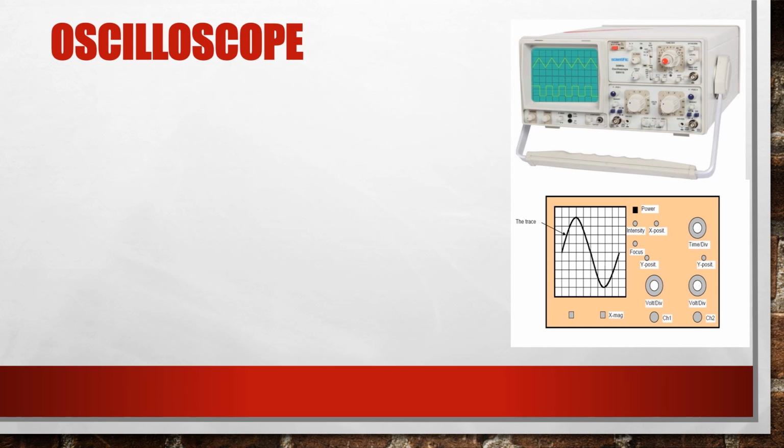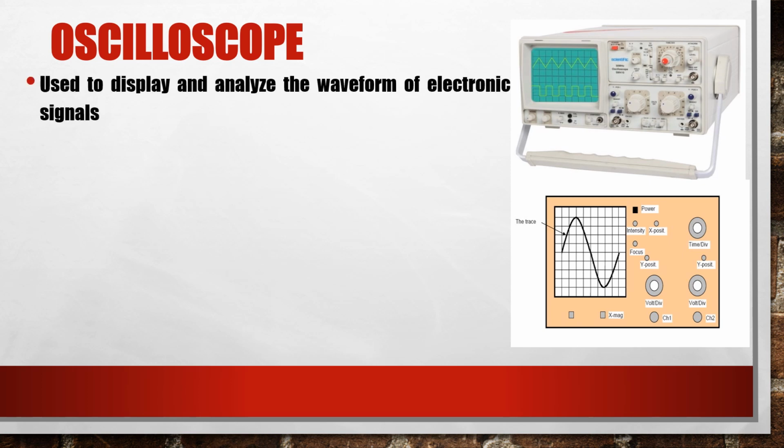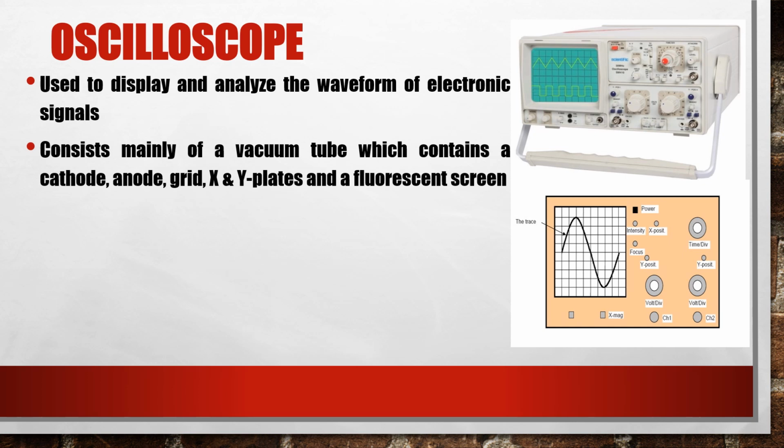What is an oscilloscope? An oscilloscope is a laboratory instrument which is commonly used to display and analyze the waveform of electronic signals. The device consists mainly of a vacuum tube which contains a cathode, anode, grid, X and Y plates, and a fluorescent screen.